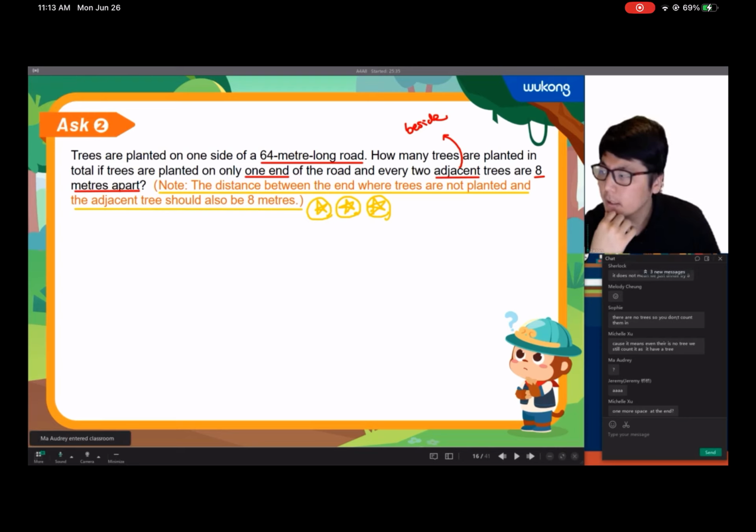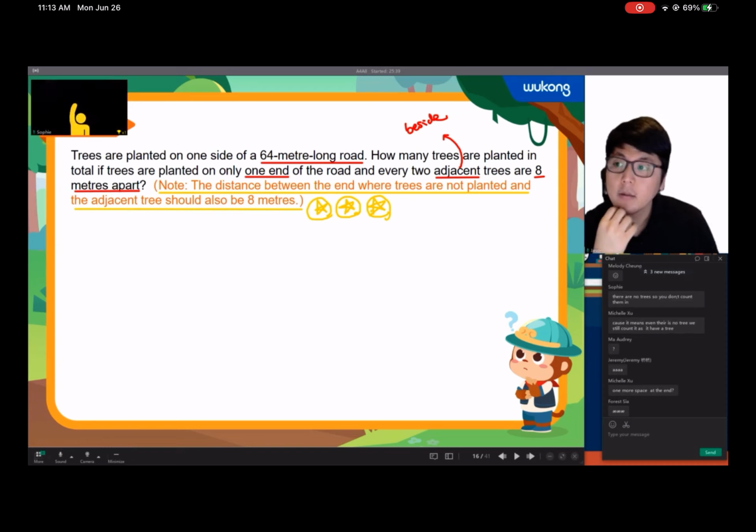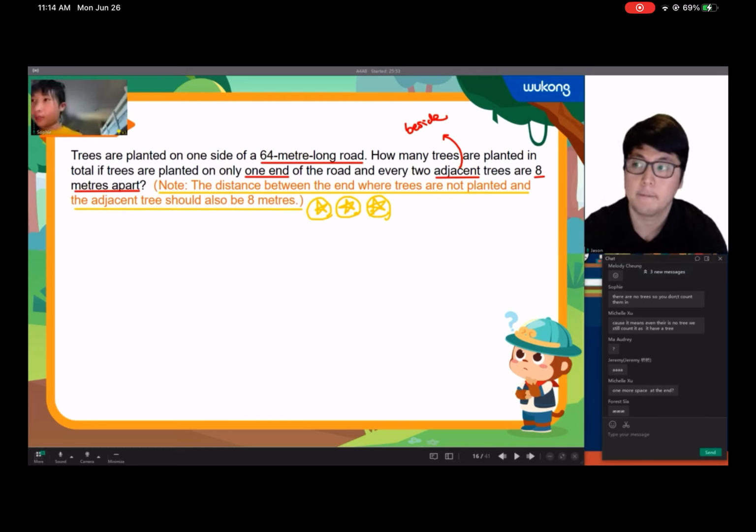All right. Now, Sophie, do you have what it takes? I think it's because it said on only one end of the road, adjacent trees are 8 meters apart, but there is one end where there are no trees. So if you count that in, you'll have one extra tree than there actually is.